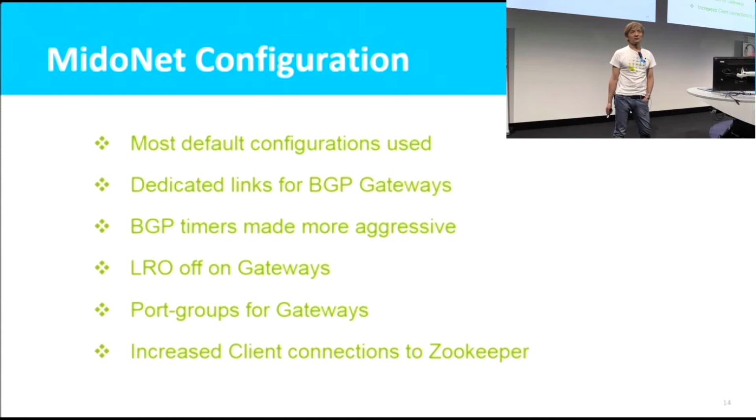Also, large receive offload needs to be turned off for gateway nodes because of some technical issues, and the agent basically didn't send packets larger than the target VM's MTU. We needed port groups for gateways, and, with hindsight it's common sense, we needed to tune the ZooKeeper client connections, because we use ZooKeeper for configuration and topology management, and ZooKeeper needs as many connections as the number of agents, I think.